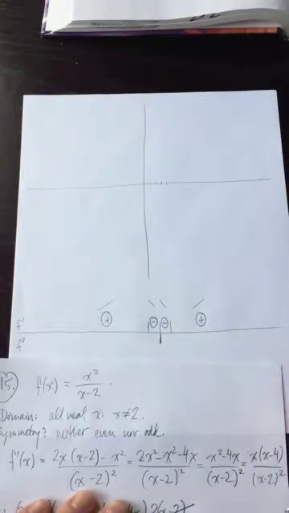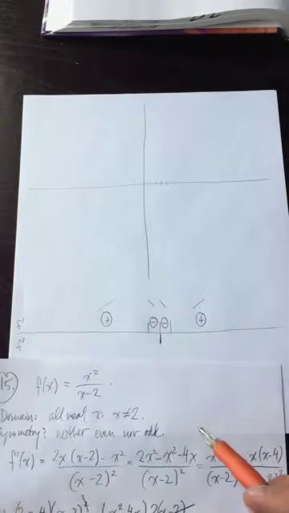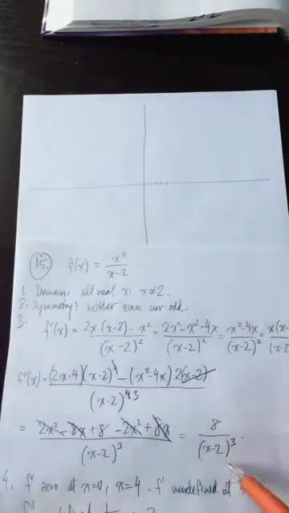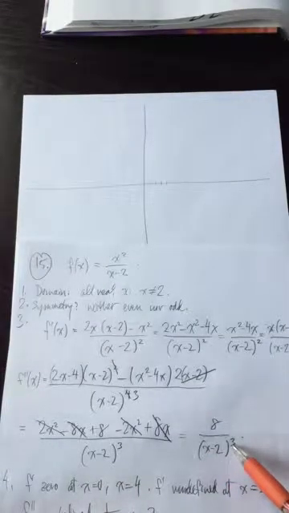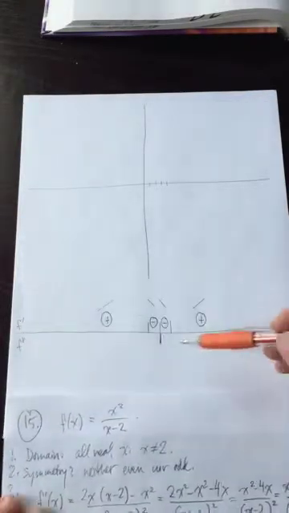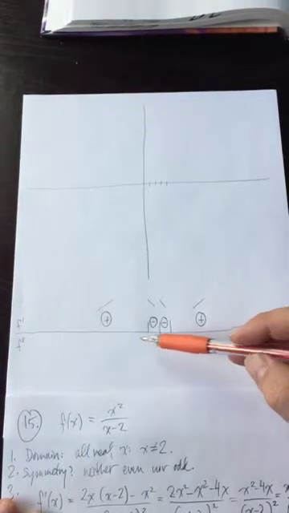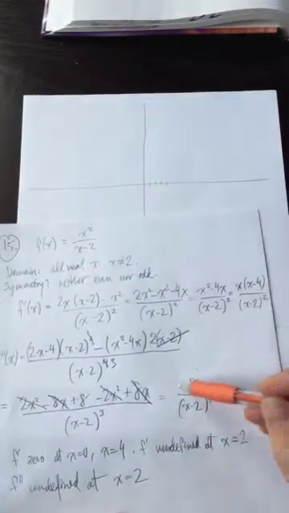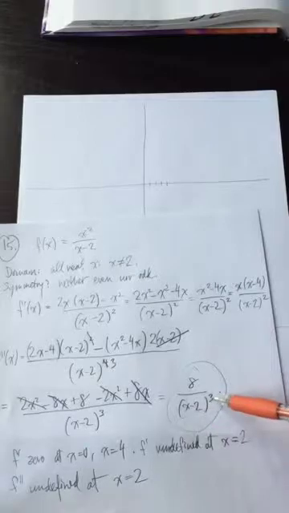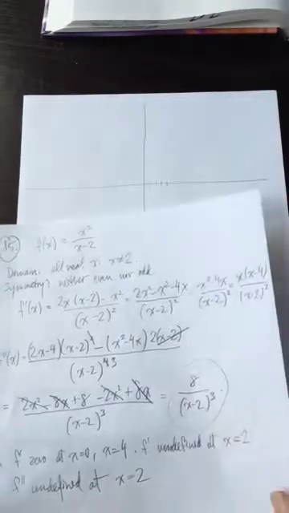Next, I want to do a similar analysis for the second derivative. And here I see that the second derivative is a cube of x minus 2. Well, let's just try this out. So if x is less than 2, say it's 0, I have a negative result. 8 divided by a negative to an odd power gives me a negative result.